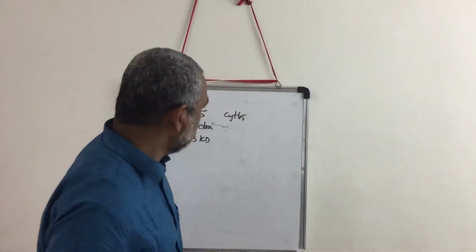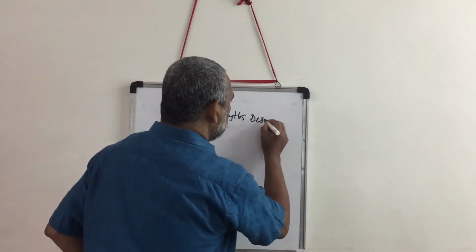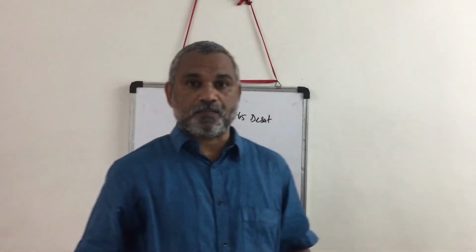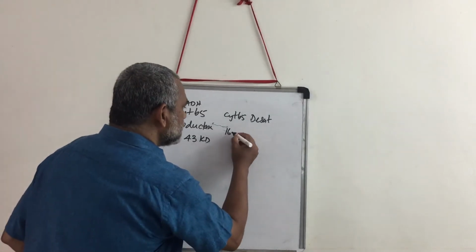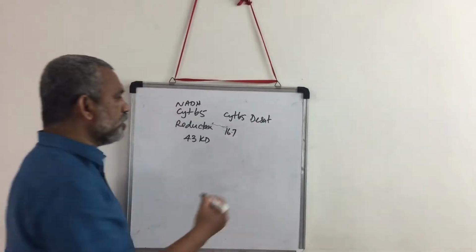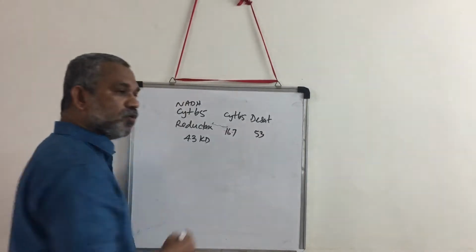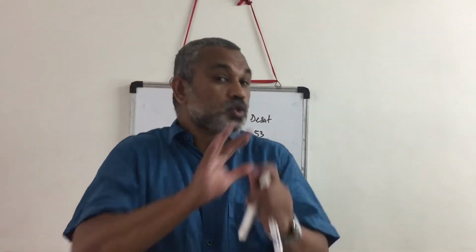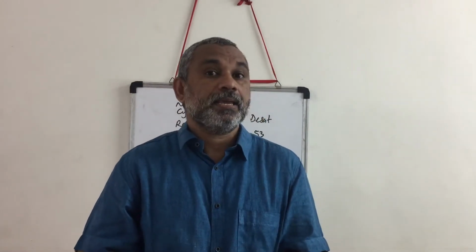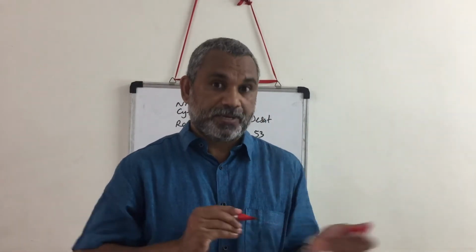Desaturase is also an iron dependent enzyme. The molecular weight of this one is 16.7 and this one is about 53 kilodalton. So this is the complex enzyme. So how exactly does unsaturation happen?